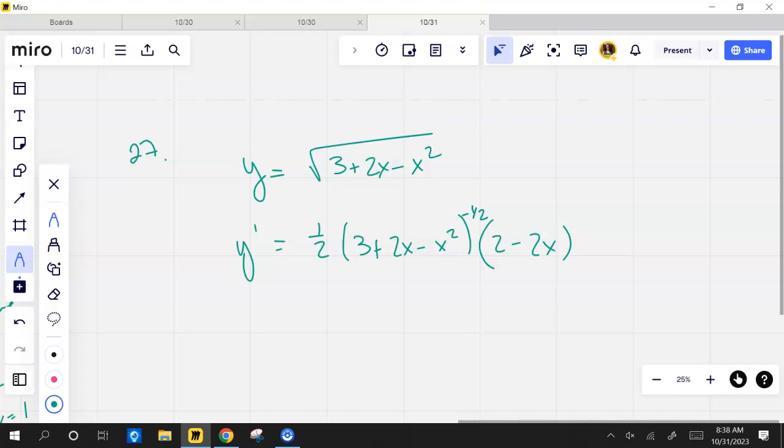I'm going to go ahead and factor out the common 2 here, and this is a half, to give me 1 minus x up top, and then on the bottom I've got the square root of 3 plus 2x minus x squared.